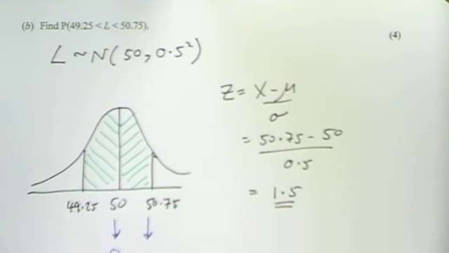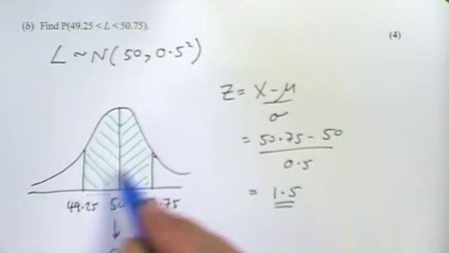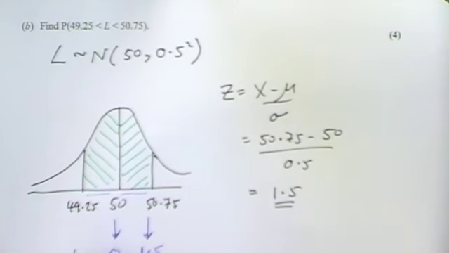So this value is 1.5. And that we can use to find the probability, but notice on this one is minus. Yeah, it's the same distance then, 0.75 above, 0.75 below, symmetrical region, so that's minus 1.5. So now we can look up this value in the table.